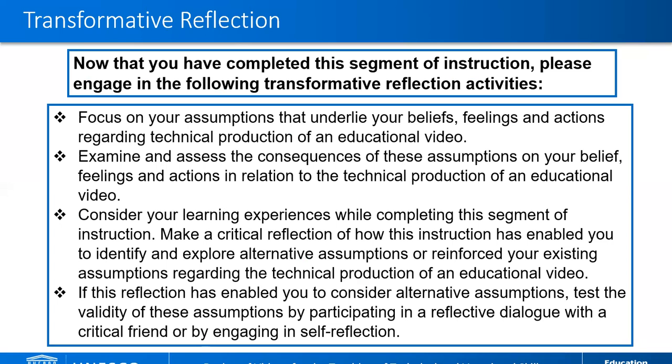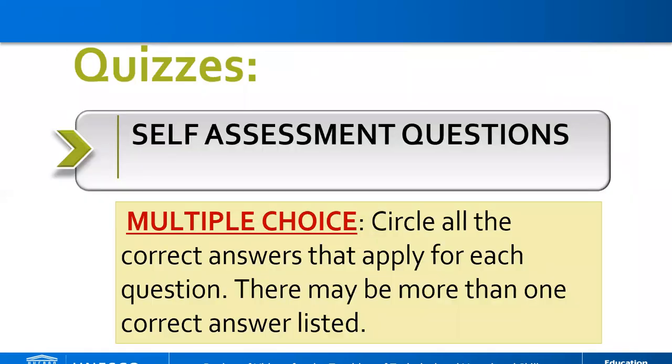If this reflection has enabled you to consider alternative assumptions, test the validity of these assumptions by participating in a reflective dialogue with a critical friend or by engaging in self-reflection. Endeavor to go through the quizzes for self-assessment by circling all the correct answers that apply to each question.